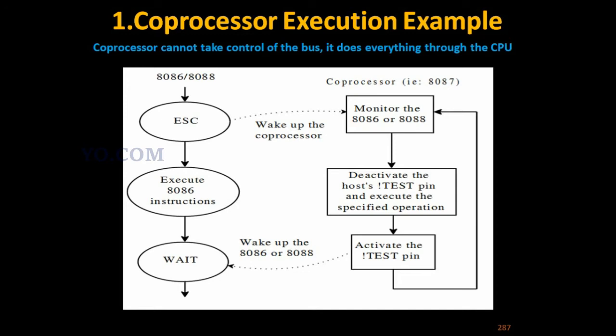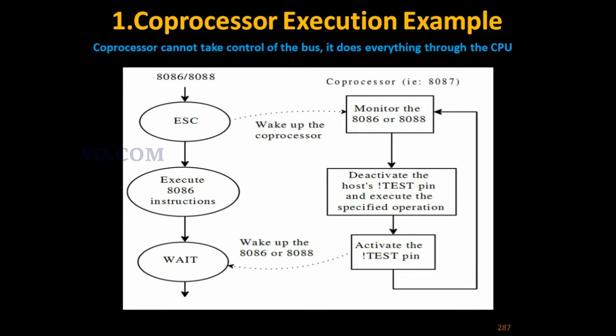Both instructions are read by both processors, and the instruction bytes are loaded into their respective queues. If the 8086 microprocessor finds an escape instruction, it wakes up the coprocessor.